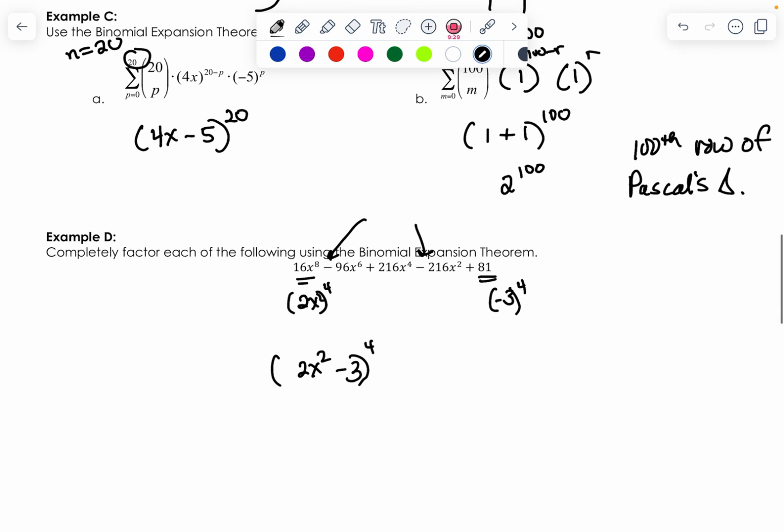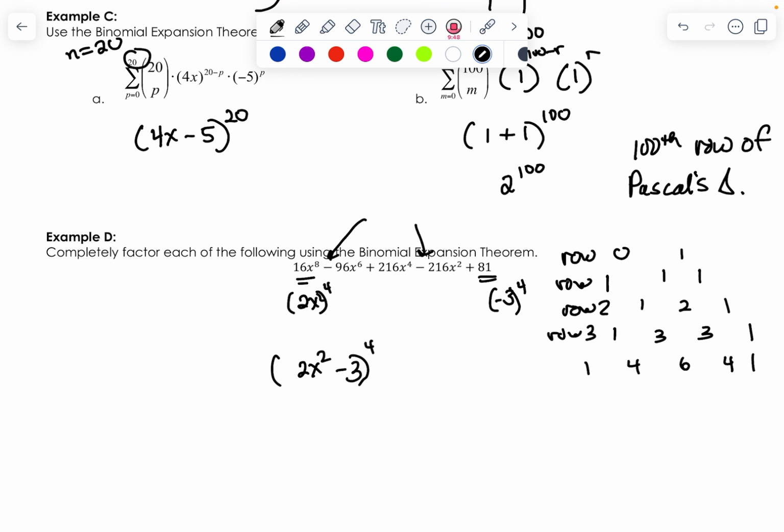And I also wanted you to notice, so let's do Pascal's triangle real quickly here, just several rows. So if this was row 0 and row 1, row 2, row 3, row 4, if you look at the number of terms here, do you notice there was 1, 2, 3, 4, and 5?